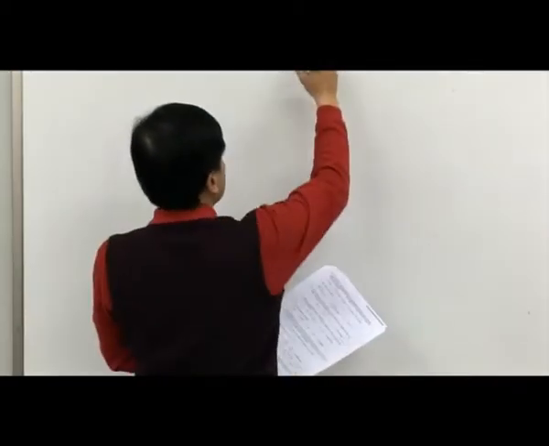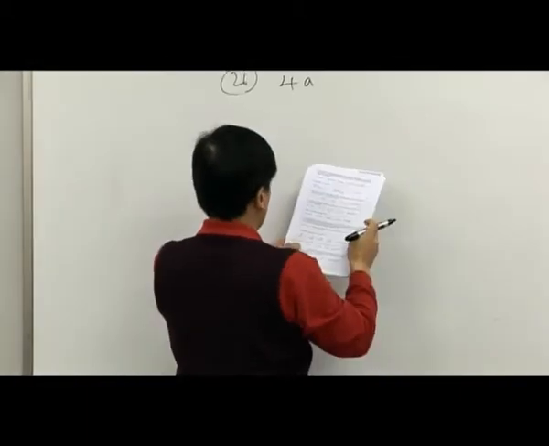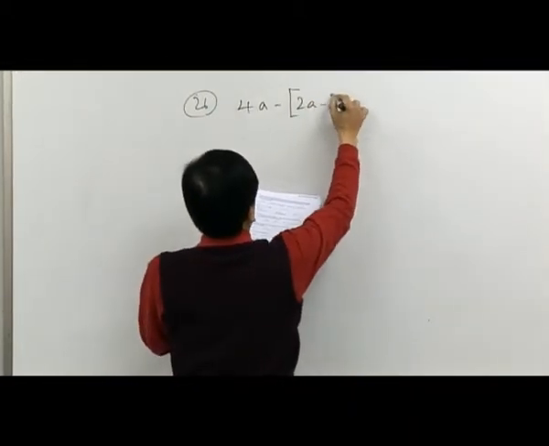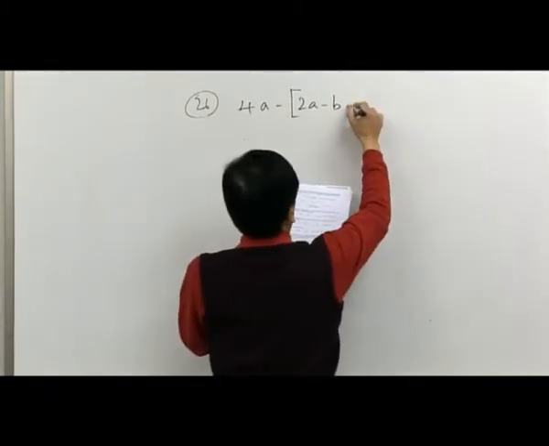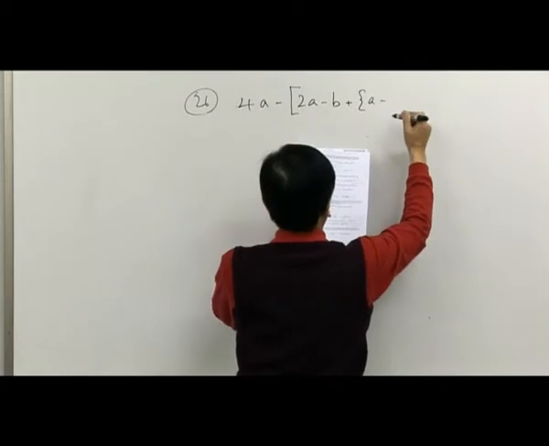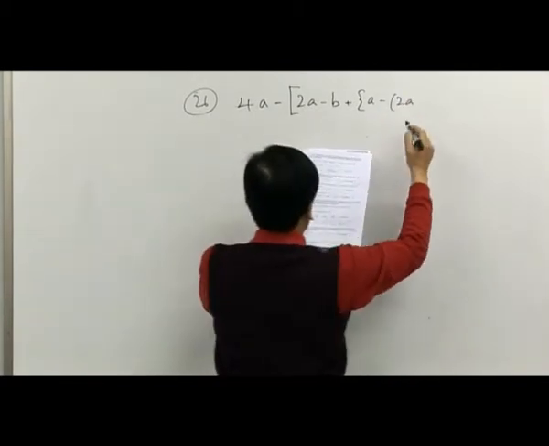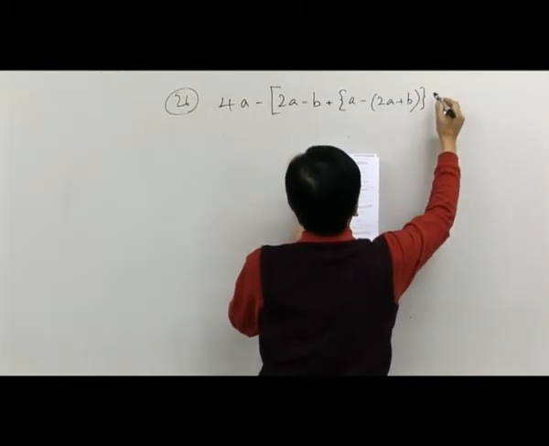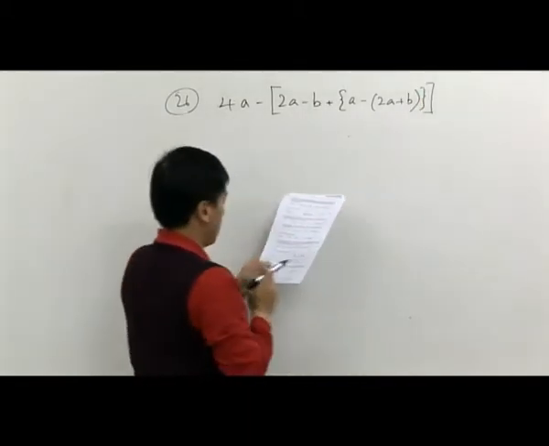I've got 4a minus, big bracket, 2a minus b plus another bracket, a minus 2a plus b, close brackets, and close the bigger bracket.